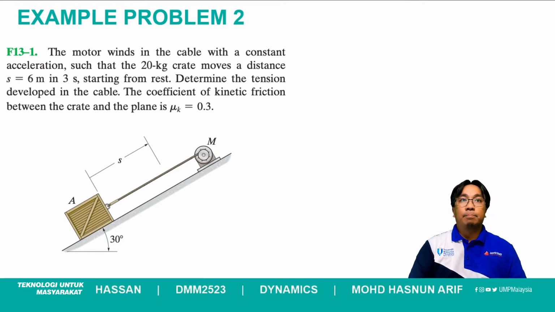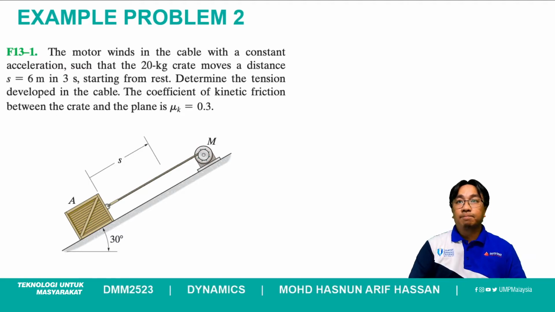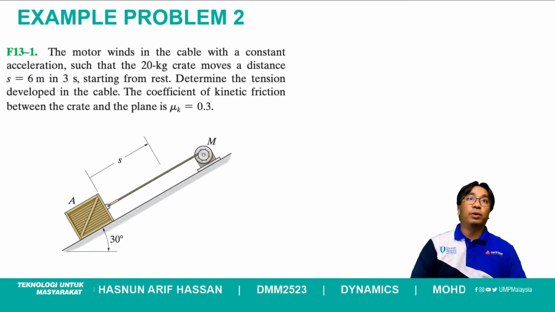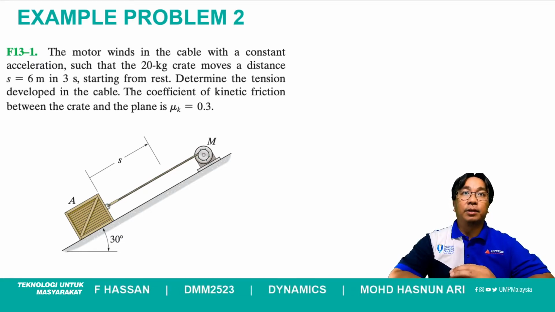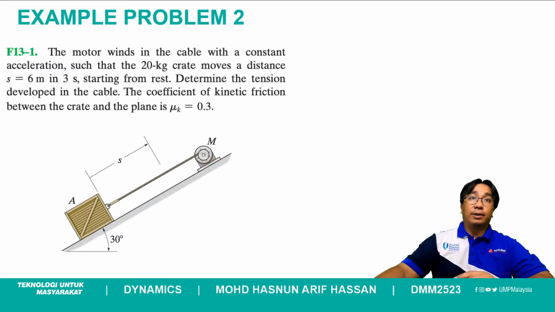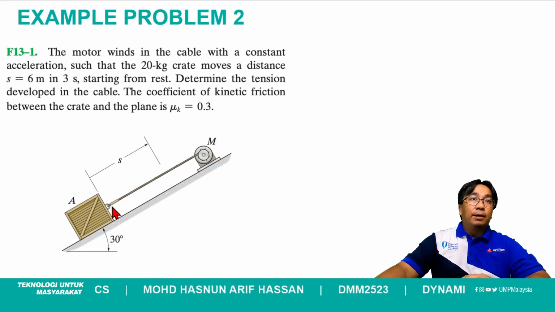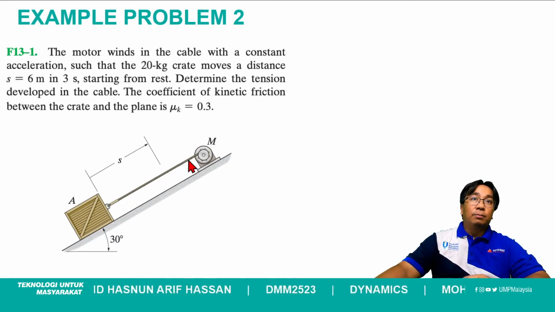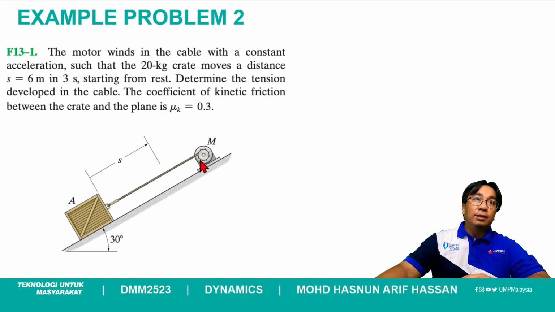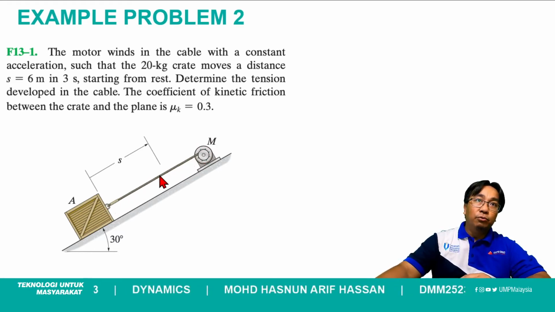The normal orientation, the XY. XY, correct. We are in the chapter subtopic rectangular coordinate, so we will use XY. But okay, let's look at the motion. The box here being pulled by the motor will move in this direction. Right? It will move in this direction.